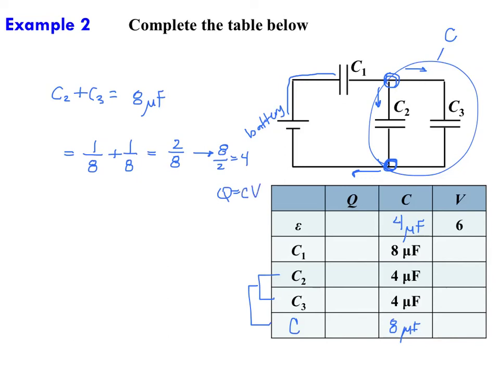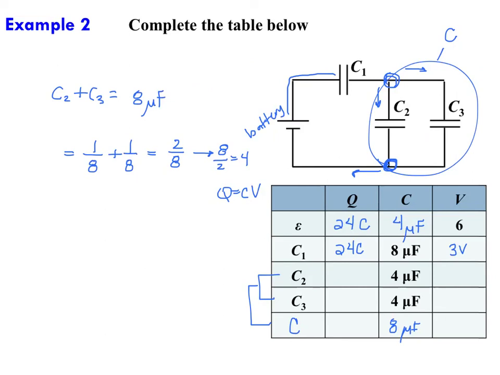So 6 times 4, 24 is my charge. Again, that charge of 24 is going to be the same on all my capacitors that are in series. So that applies to only C1. And then we can solve for the voltage, which is 3 volts.